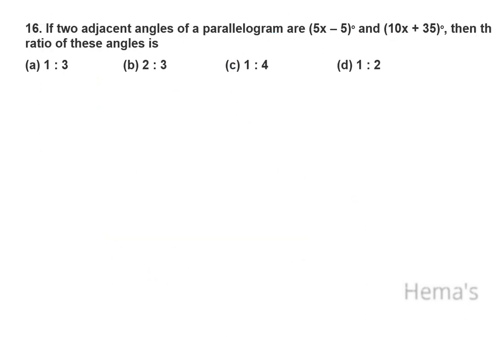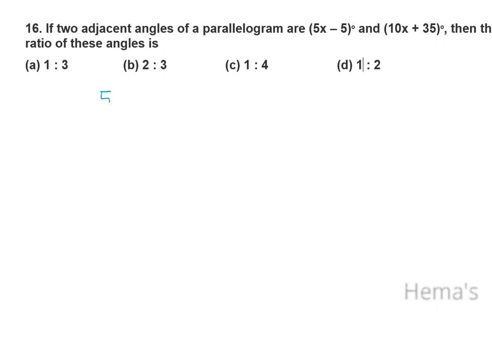Question 16. If two adjacent angles of a parallelogram are 5x minus 5 degrees and 10x plus 35 degrees, then the ratio of these angles is? In a parallelogram, we know that the adjacent angles are supplementary angles. That is, the sum of the two adjacent angles is equal to 180 degrees.